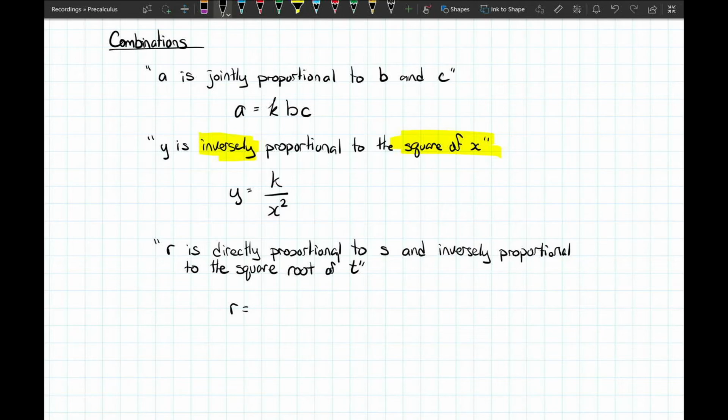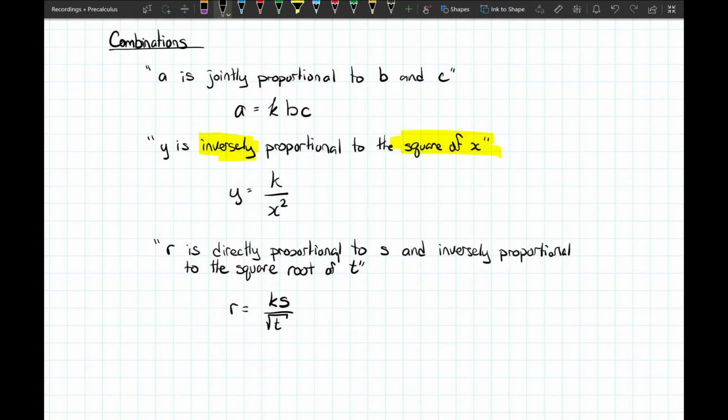We've got a constant of proportionality, which we could call k. And really, we can use k in just about any circumstance, except when k is also going to be one of the other quantities. It is directly proportional to s, so k times s, inversely proportional to the square root of t. So root t ends up in the denominator.